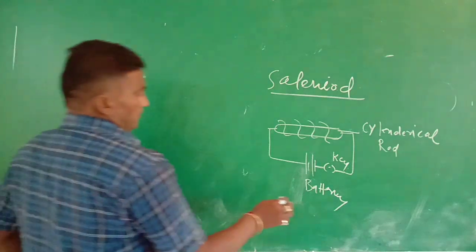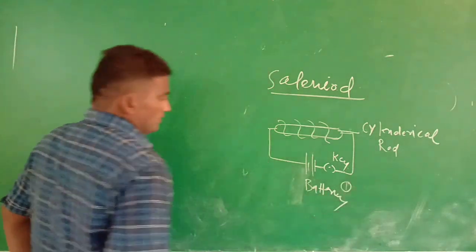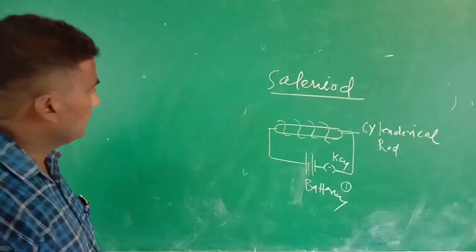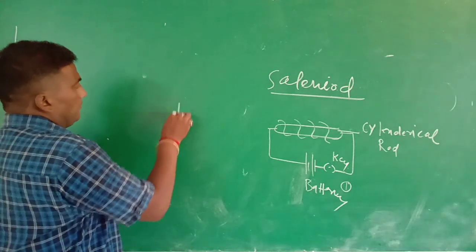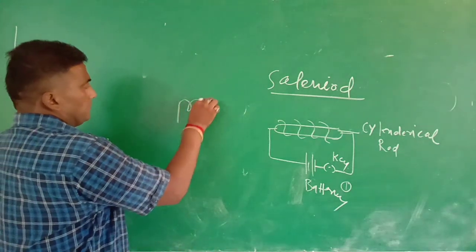But the structure can be represented by two or more methods. The internal diagram is like this.